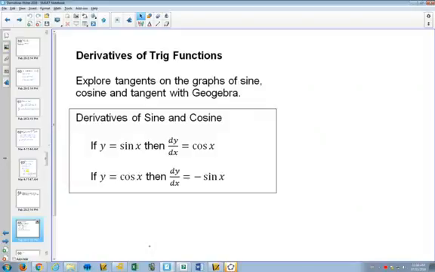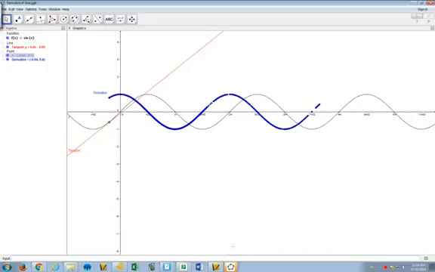So remembering where the negative goes is going to be the hardest part because they're so similar. I always find for myself that going back and thinking of the graph helps. If I think of my sine graph and I draw a tangent right away at 0, 0, I'm going to get a positive slope. So the derivative of sine is positive cos. That's part of the way that I help remember it.